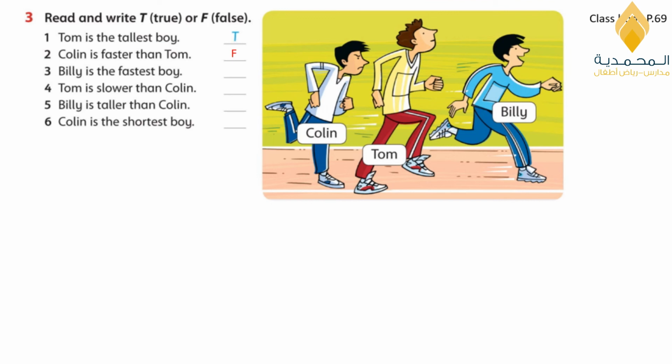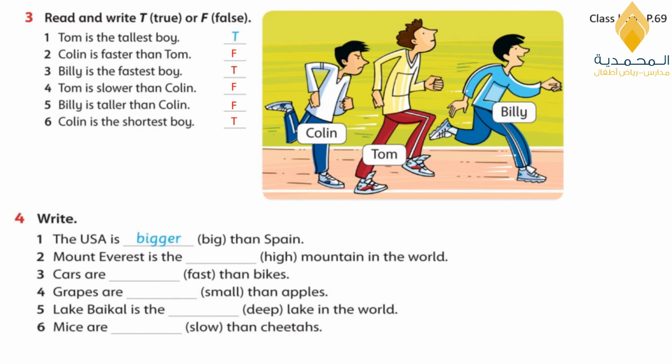False. 3, Billy is the fastest boy. True. 4, Tom is slower than Colin. False. 5, Billy is taller than Colin. False. 6, Colin is the shortest boy. True.